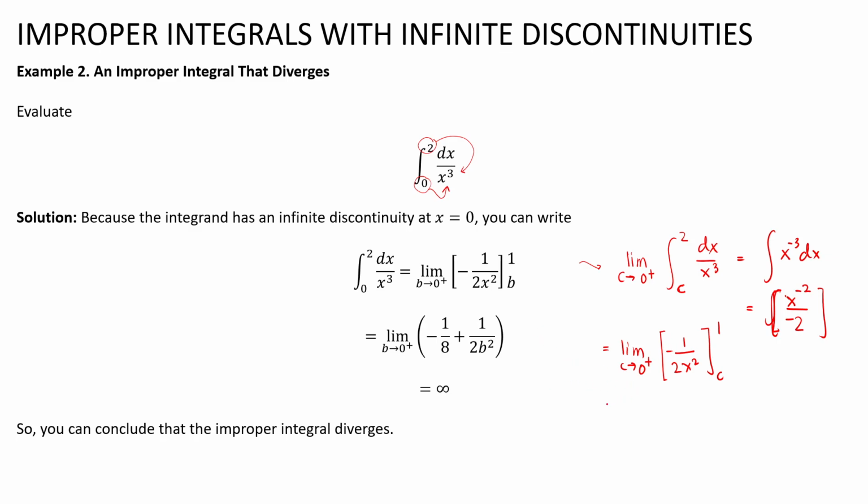So next we apply the limits of integration. So this is from 0 plus, then you have negative 1 all over 2 times 2 squared, so this is 8, and then plus 1 all over 2b squared.